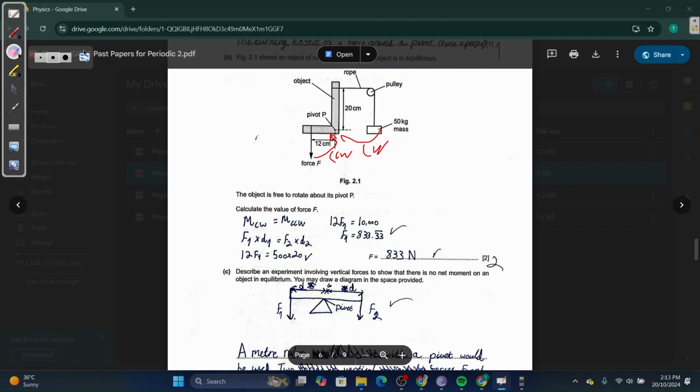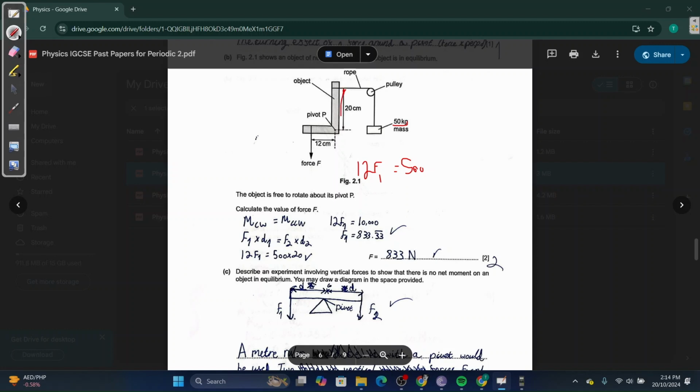Okay. So F1 D1 is equal to F2 D2. Here there isn't W1 GG1 or W2 GG2. You don't concern yourself with that. So F1 D1, we don't know how much F1 is. We know the distance between F1 and the pivot. It's going to be 12. So 12 F1 is equal to 500, because this is the mass, then you apply W equals mg to get the weight, which is 500, and 20 centimeters.